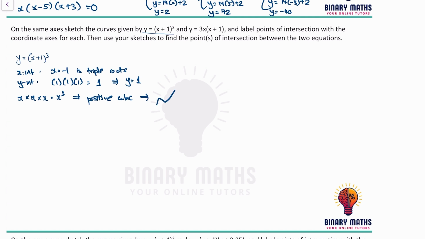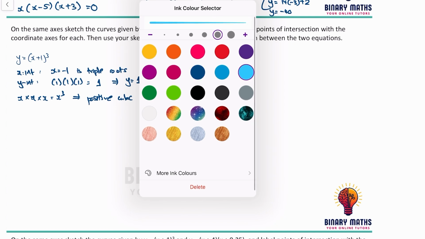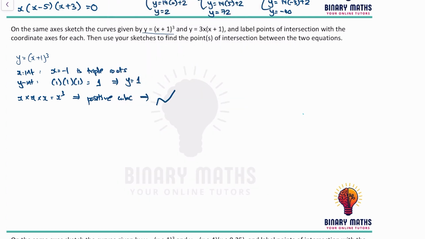Okay, the second graph, which I'll do in a lighter blue, is a quadratic graph. So y is equal to 3x times x plus 1. So the x-intercepts are x equals 0 and x equals negative 1.